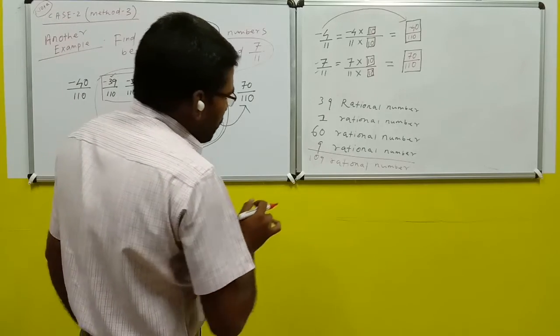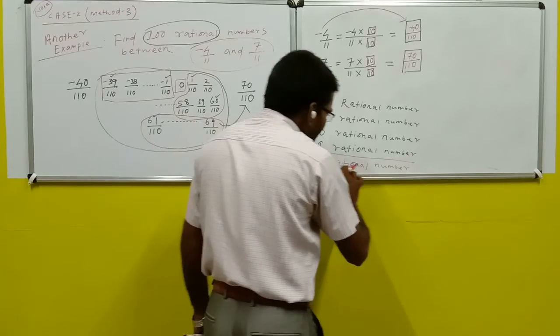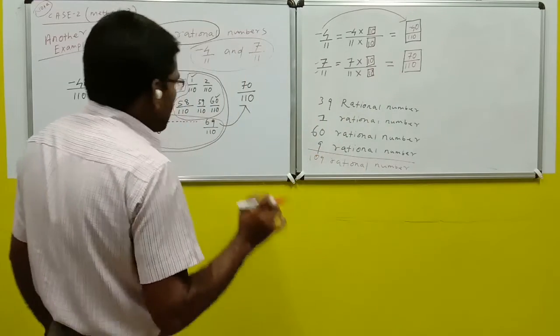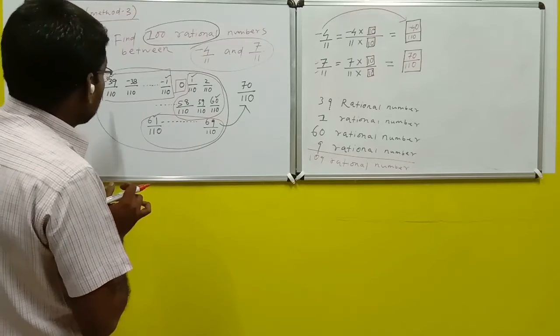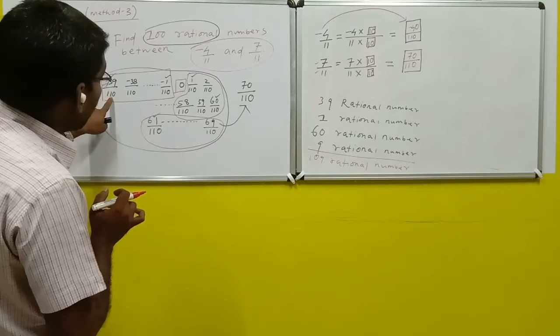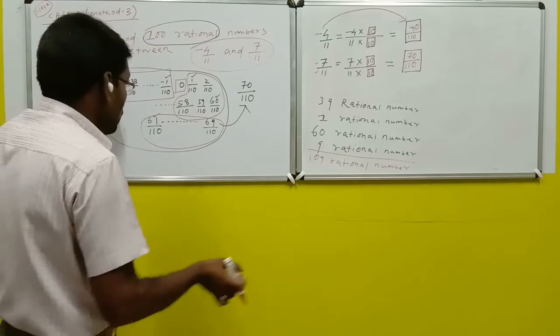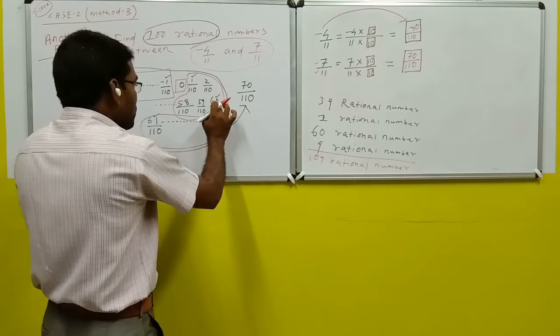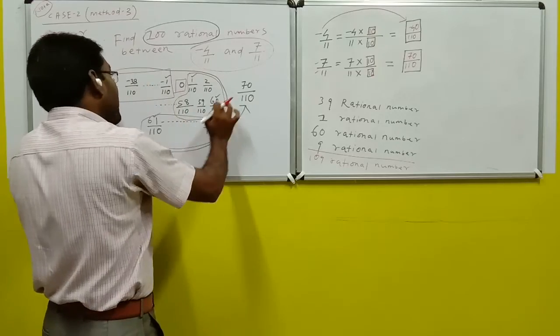Therefore, out of these 109 rational numbers, you only need to write 100, that is from minus 39 by 110 to 60 by 110. From this one to this one, they are 100 rational numbers.